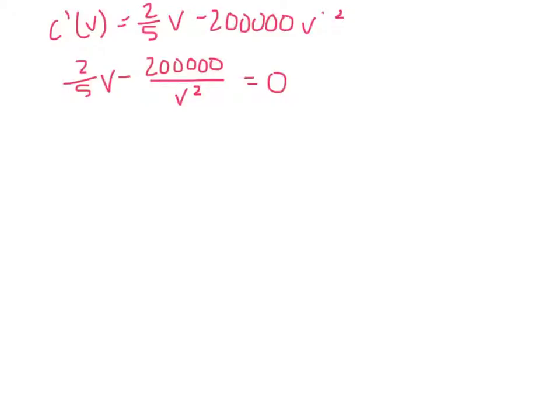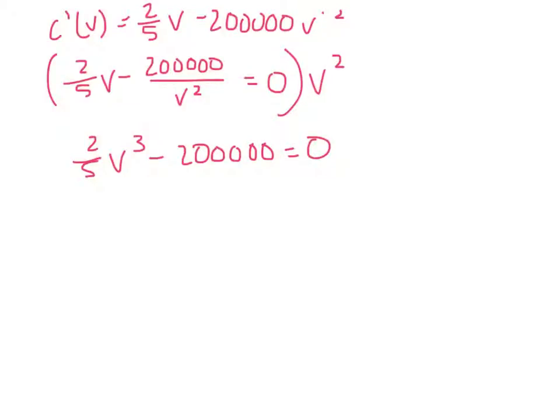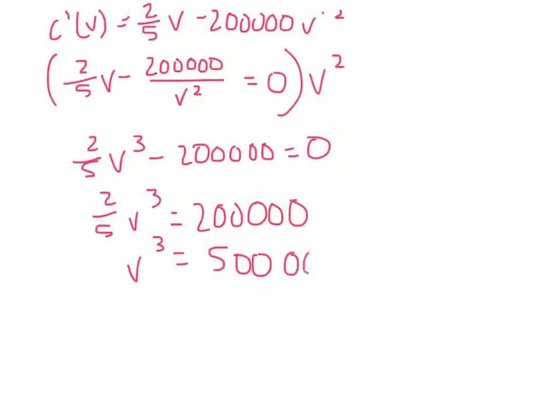And so now I'm going to solve this. I can multiply the whole thing by v squared to get rid of that denominator. So 2 over 5 v cubed minus 200,000 equals 0. 2 over 5 v cubed equals 200,000. V cubed equals 500,000.